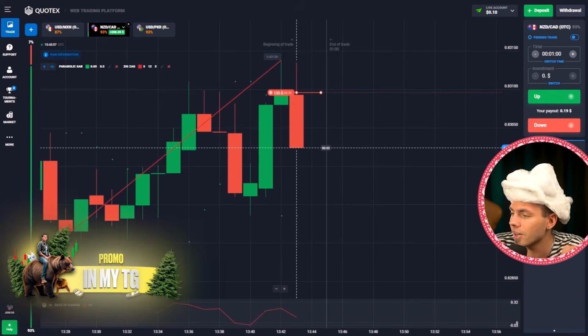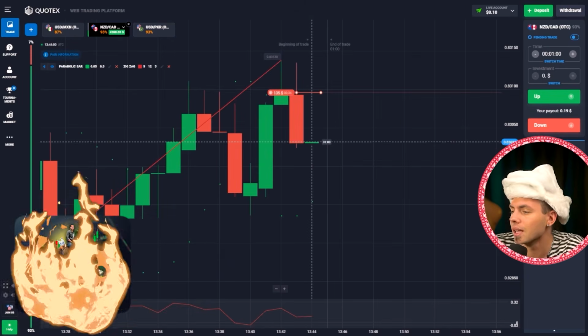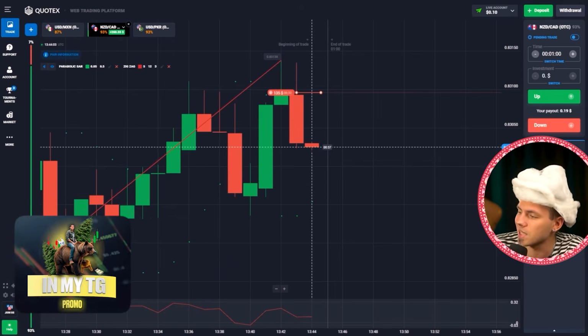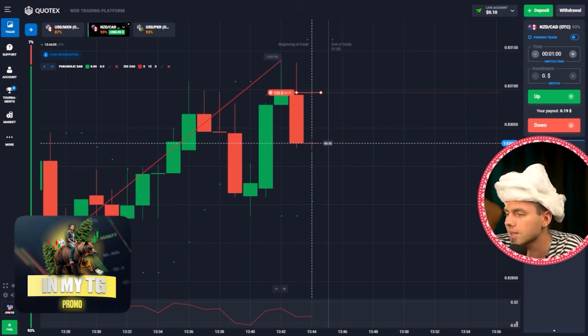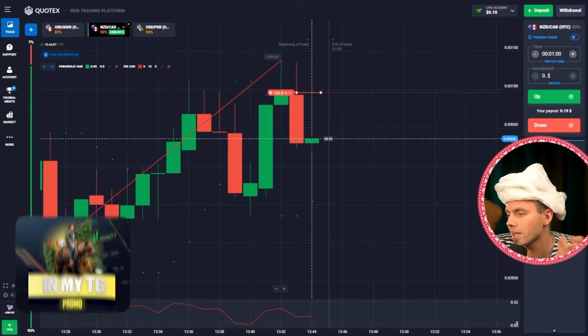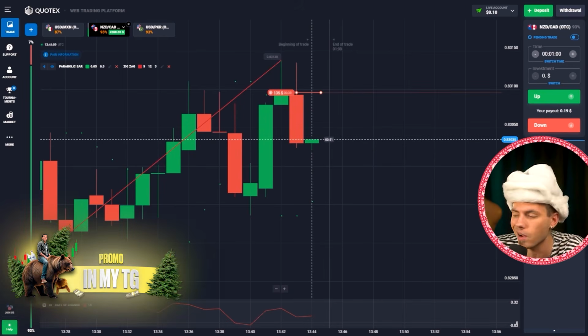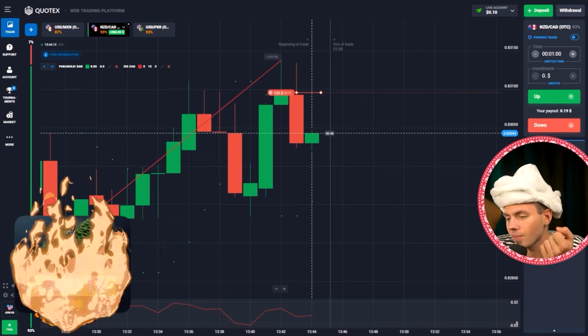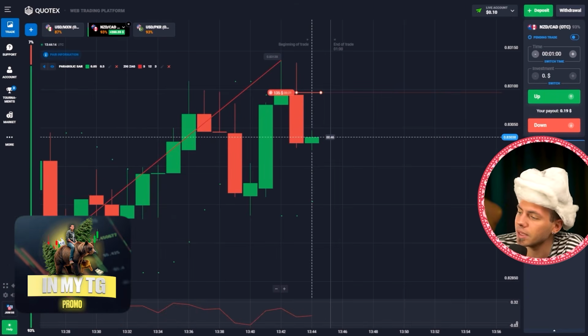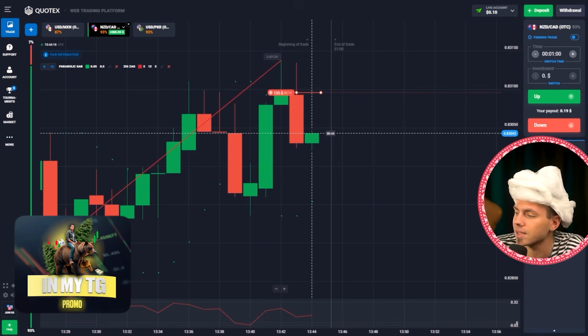So basically here a very obvious inverted hammer, downward signal. We have broken away from the zigzag line right now, and the oscillator has a margin of safety. So basically we can see the option down at the moment, and that's pretty obvious.